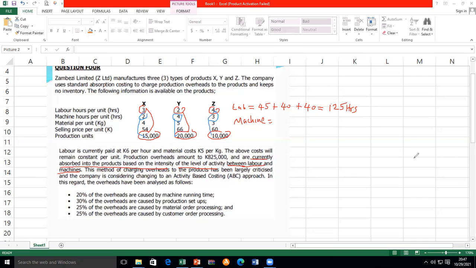So 2 by 15, that is 30. 4 by 20, that is 80. 3 by 10, that is 30. So what do we find there?